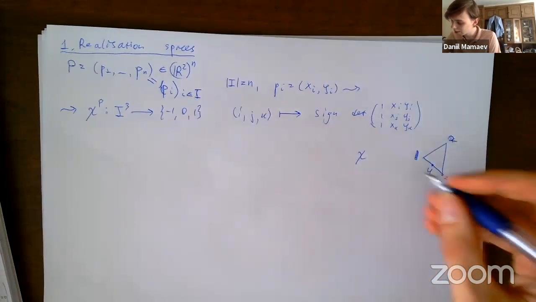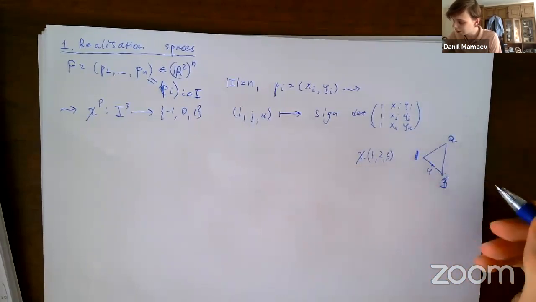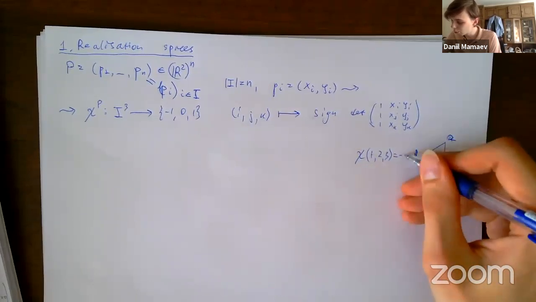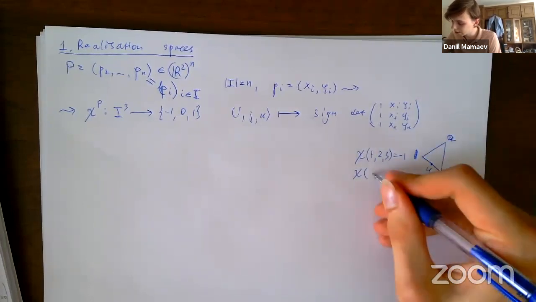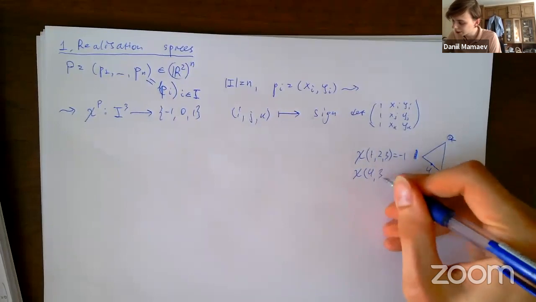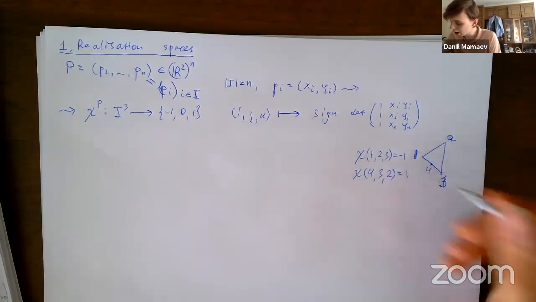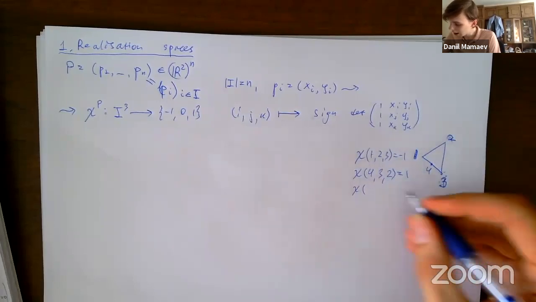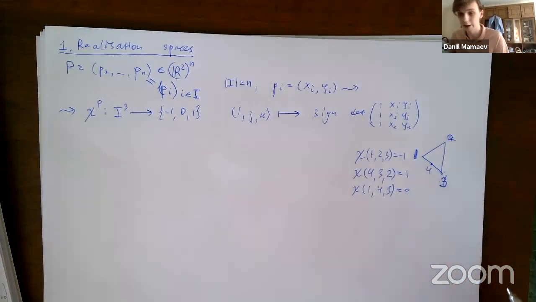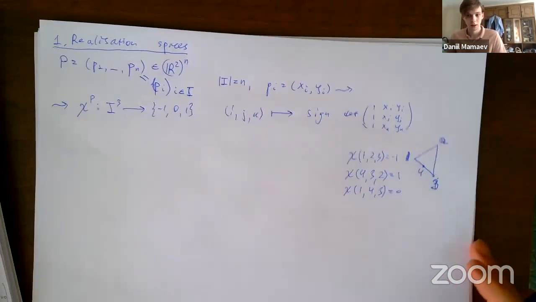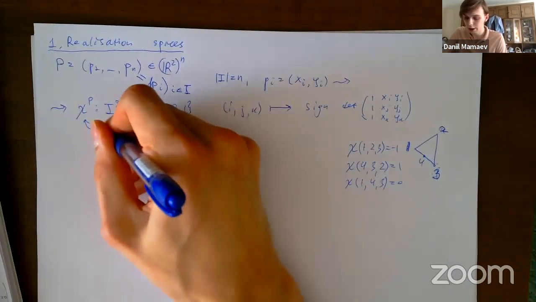Then chi of 1, 2, 3 is, well, -1. Chi of, say, 4, 3, 2 is 1. And chi of 1, 4, 3 is 0 because they are collinear. For us, this will be an oriented matroid.